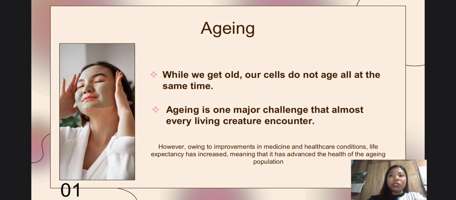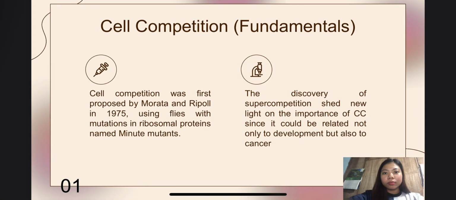Aging is one major challenge that almost every creature encounters. However, owing to improvements in medicine and healthcare, life expectancy has increased, meaning that it has advanced the health of the aging population. Let me add some information about cell competition.